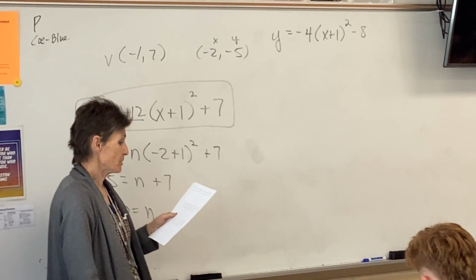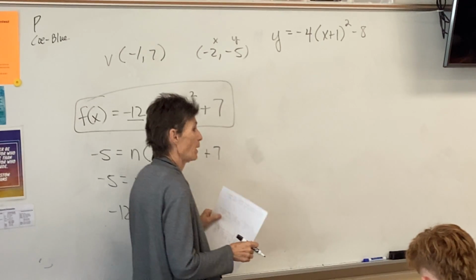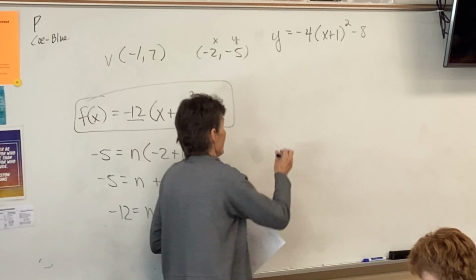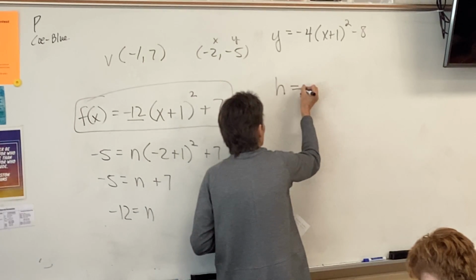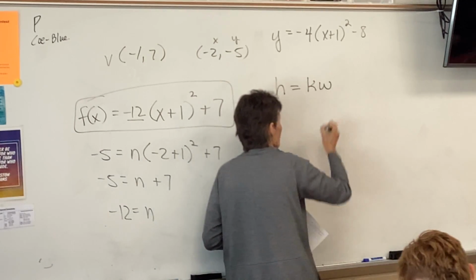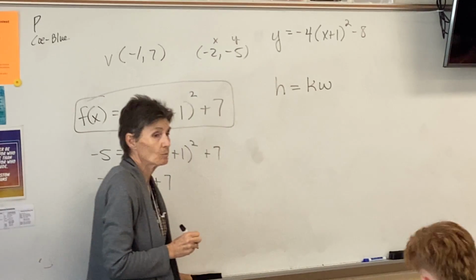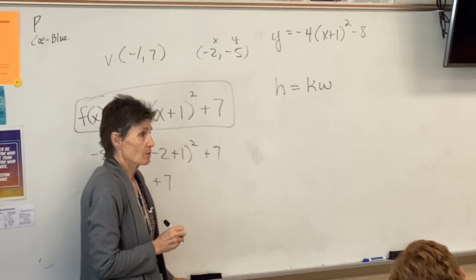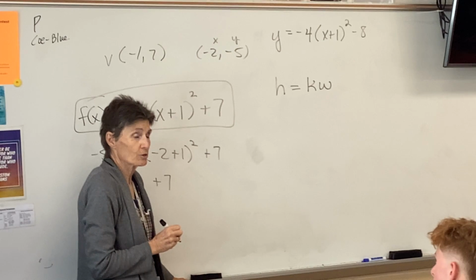Alright, the height of a person varies directly as his weight. You remember this conversation we had one day? It was a short conversation, there was not much to that section.